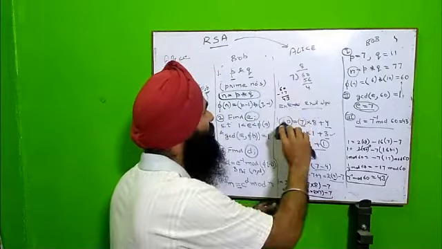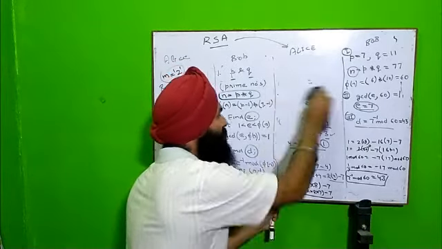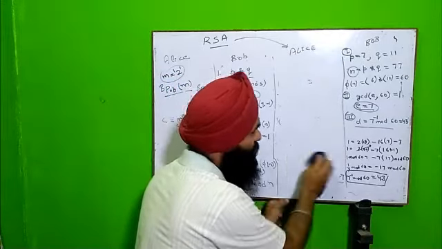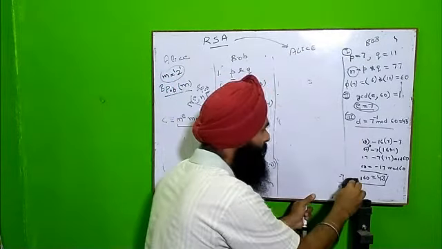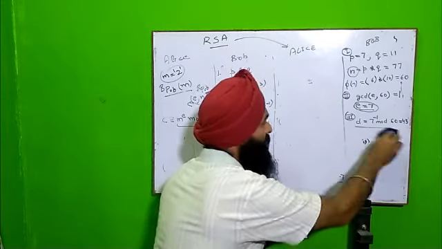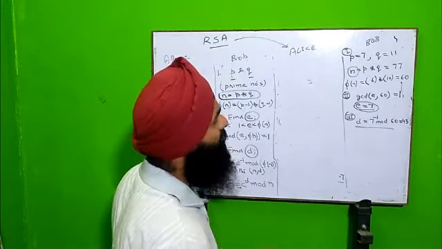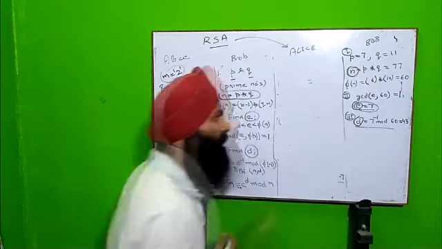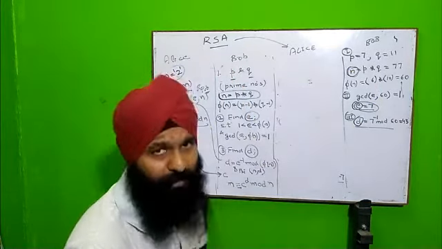Okay, so here I am going to erase this whole calculation. Now we will have N, E and D. We have the values of D, E and N. Here we are going to make the combination of the private and public key.